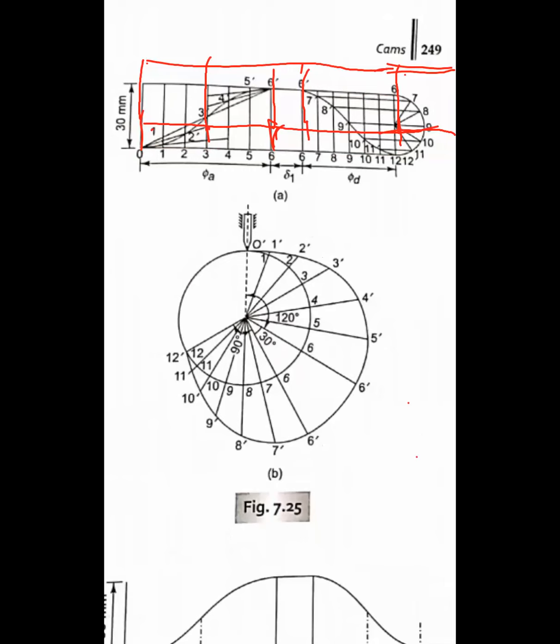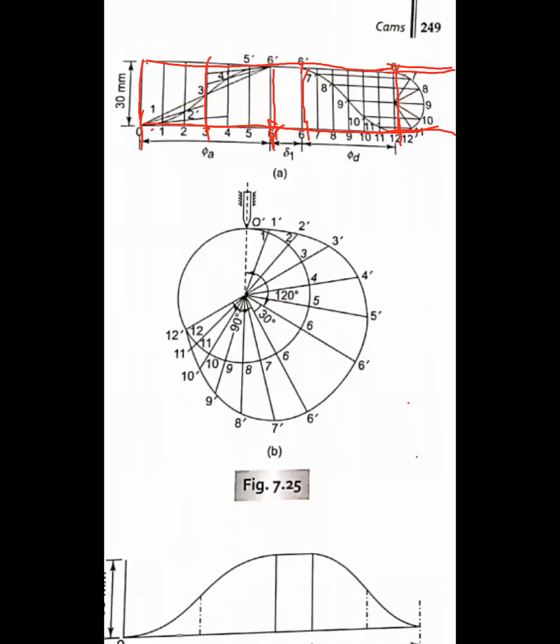When you are dividing the particular portion, now join those lines. Now you have to observe where the intersection of 1, 1, 2, 2, 3, 3, 4, 4, 5, 5, 6, 6 is.